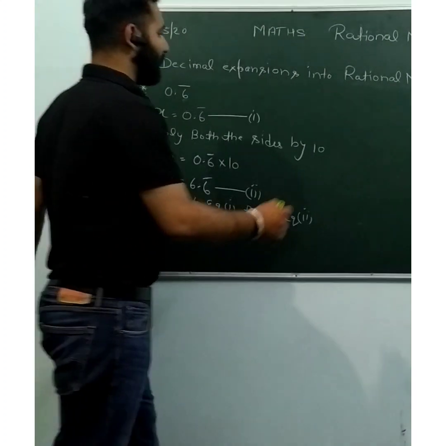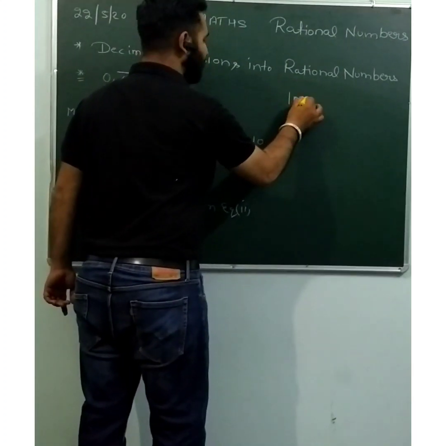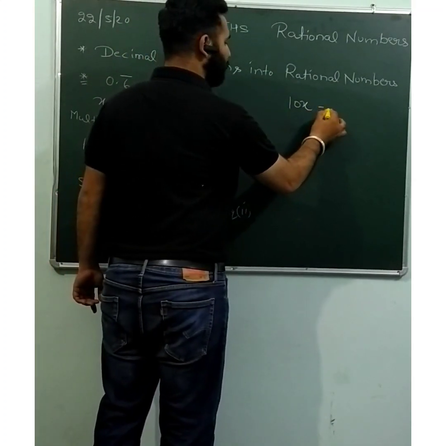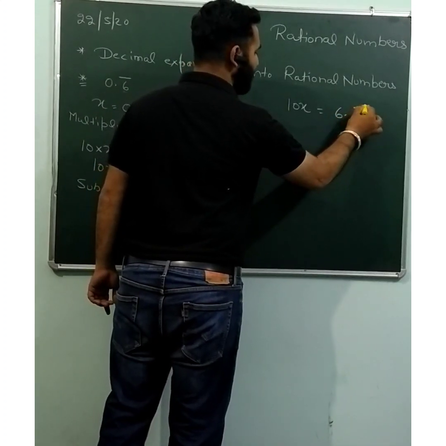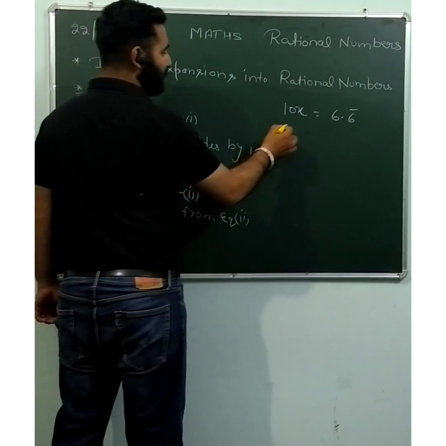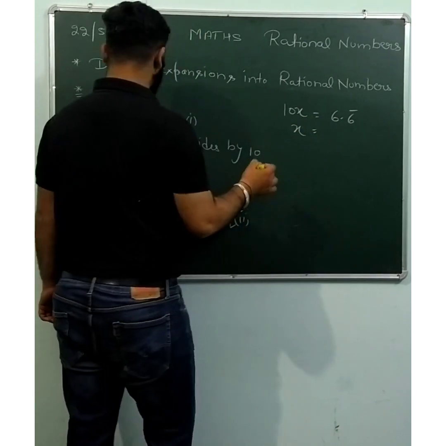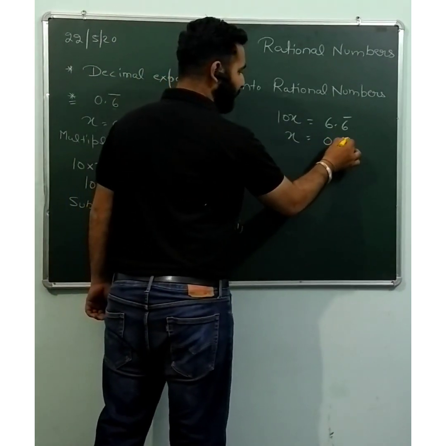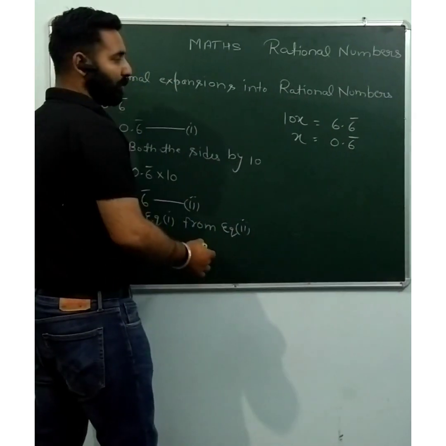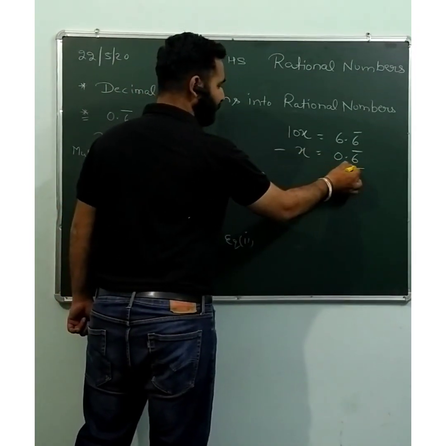Equation 2 is 10x equals 6.6 bar, and the first equation was x equals 0.6 bar, but you have to do the subtraction.